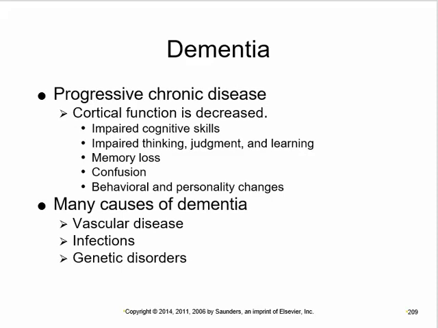Now, there's a lot of causes of dementia. You know, most of them revolve around aging, so progressive vascular problems, so hardening of the arteries and such can lead to this vascular type of dementia.